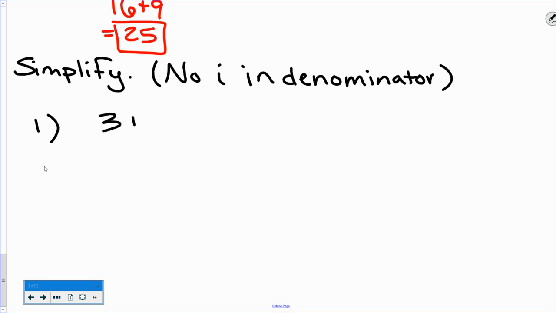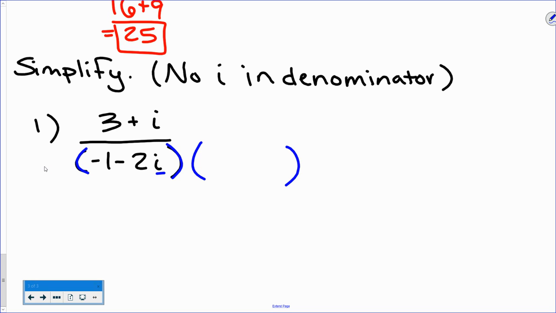So here's my problem. I've got 3 plus i divided by negative 1 minus 2i. I don't know why I put it in parentheses; it doesn't need parentheses. But in order to get rid of i in my denominator, I'll have to multiply this by its conjugate, because then I'll get a real number in the bottom.